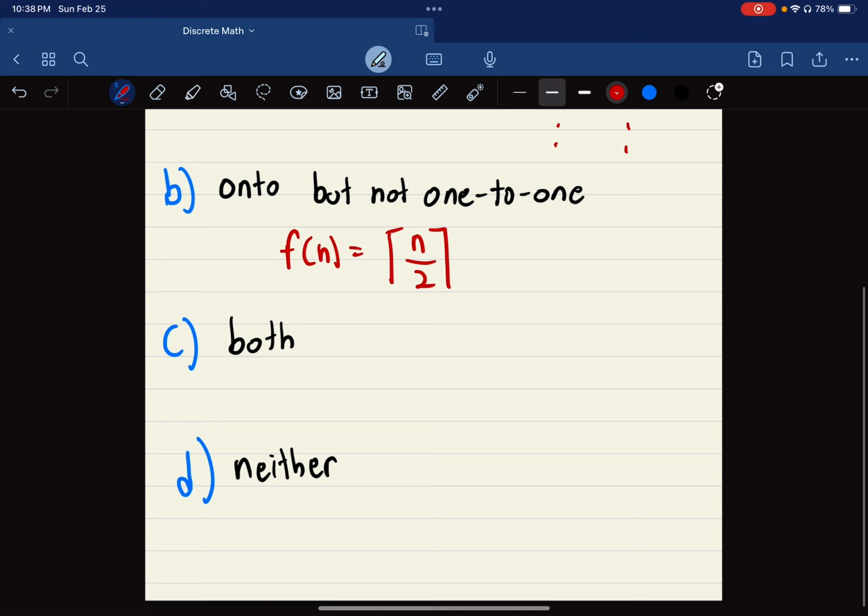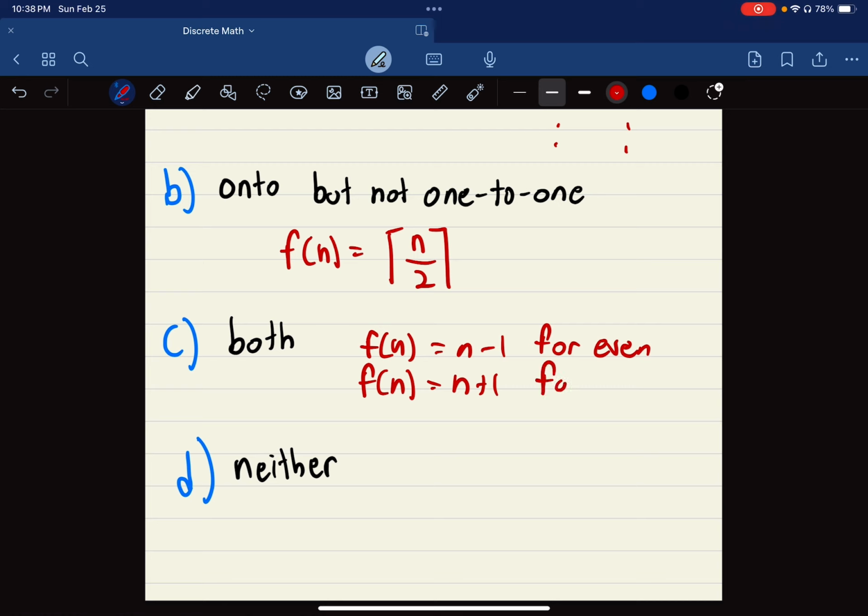And then for both, now this is a tricky one. How can it be both 1-to-1 and onto? Well, think about it this way. You will have f of n equals n minus 1 for even, and f of n equals n plus 1 for odd.